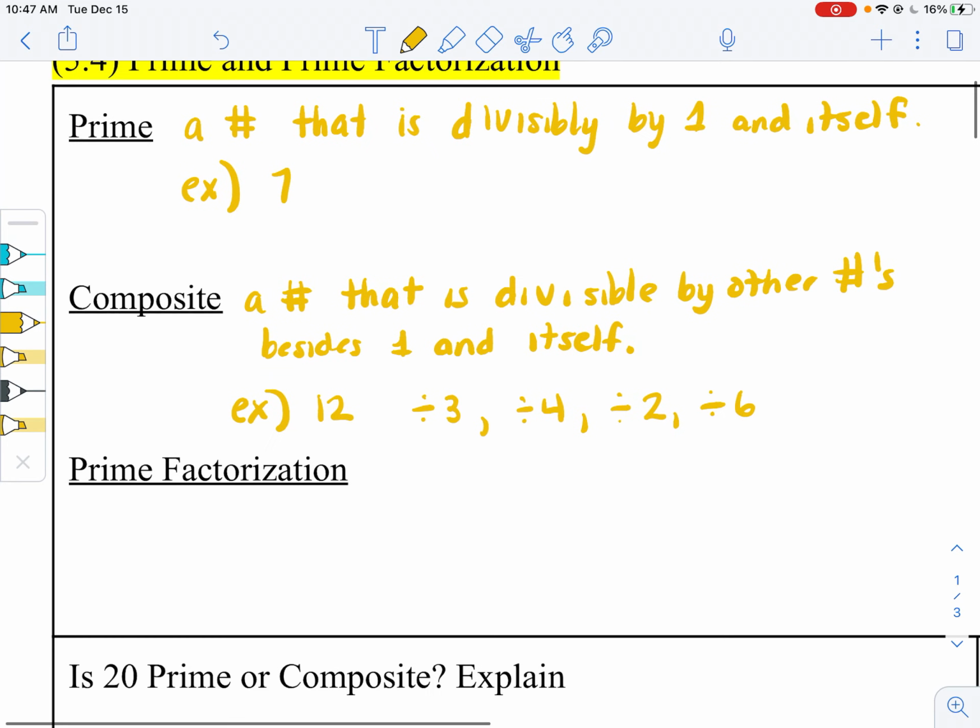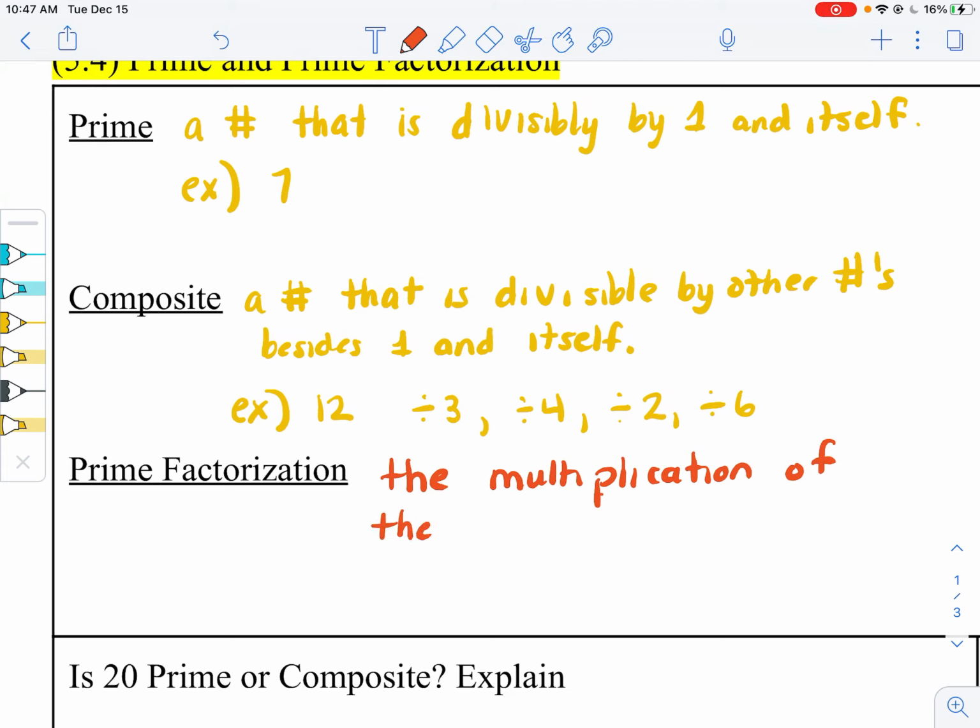Okay? And prime factorization. So prime factorization is the multiplication of the prime factors of a number. And I just want to take a second to define factors, because if we're not really clear of what factors are, then it might be a little bit difficult to understand. So a factor is a number that multiplies to get to a number. So I like to think of it like this.